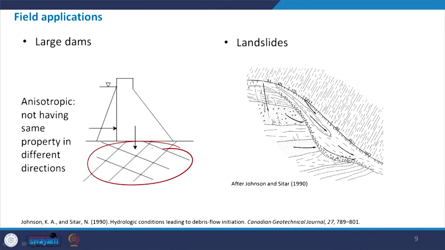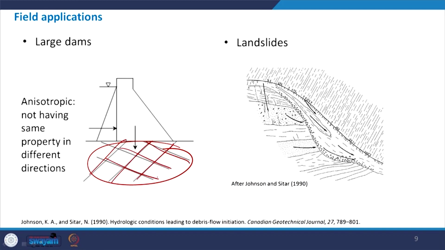Now let us see field applications. Although I have discussed them, let us see them one by one. Let us say one has to go for the construction of a large dam. It is to be founded on this type of rock mass which has these sets of discontinuities.